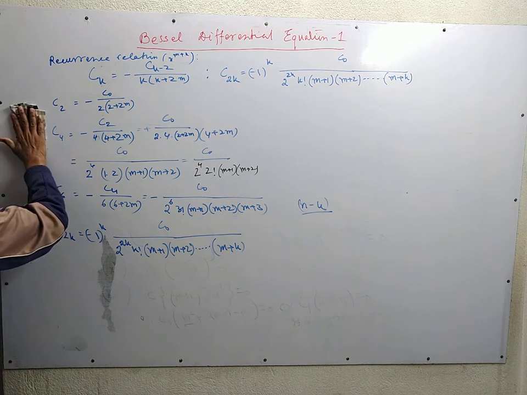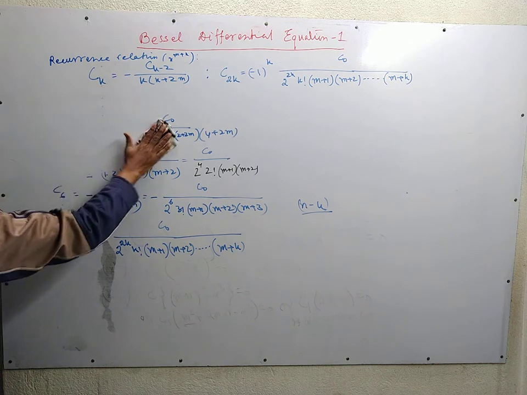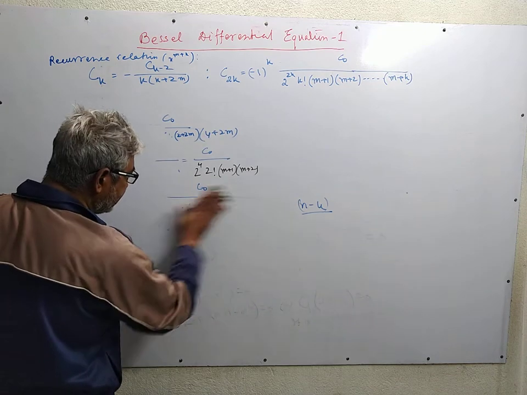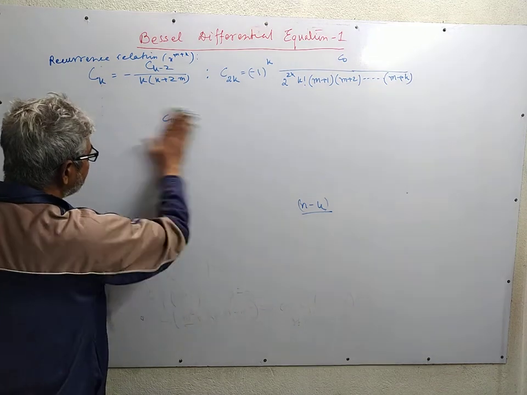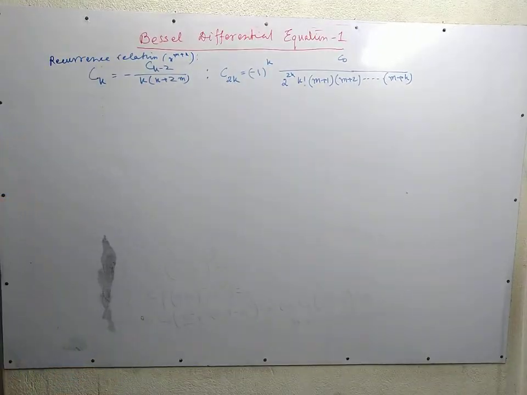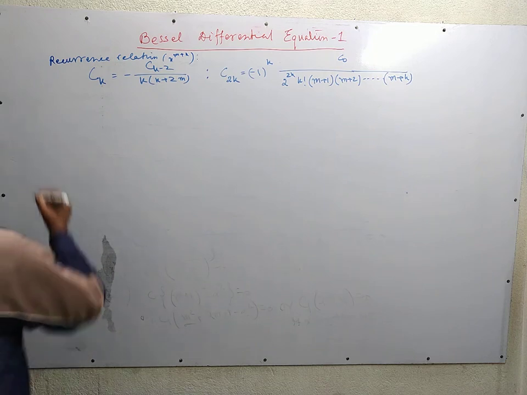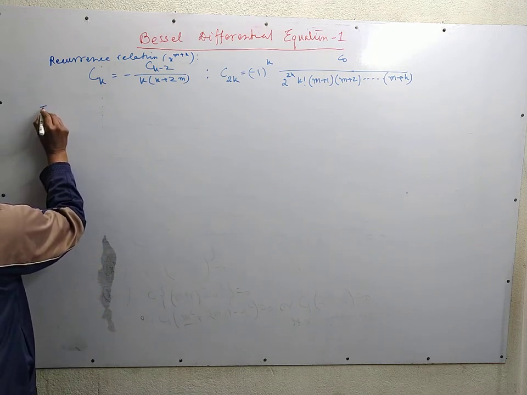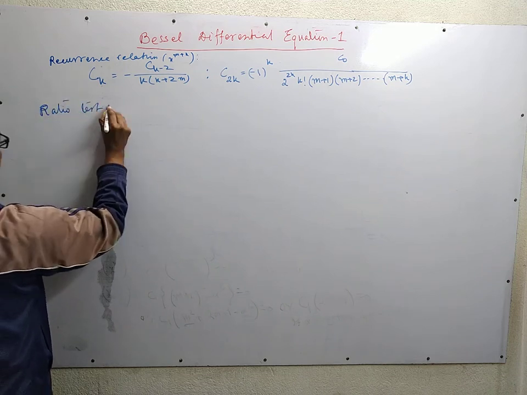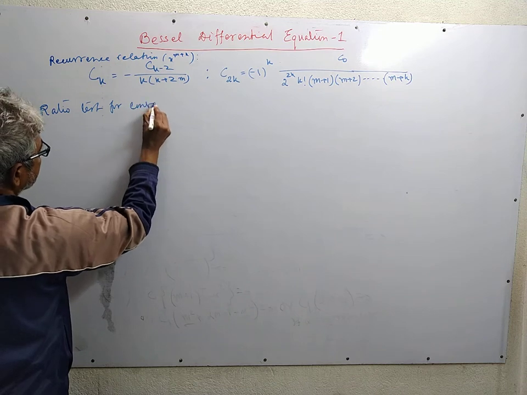So we see that the series for the Bessel function, or the solution of the Bessel equation, for both integral and non-integral values of alpha is an infinite series. As we know, for an infinite series we must check its convergence. So we first test for convergence, and we use the ratio test for convergence.